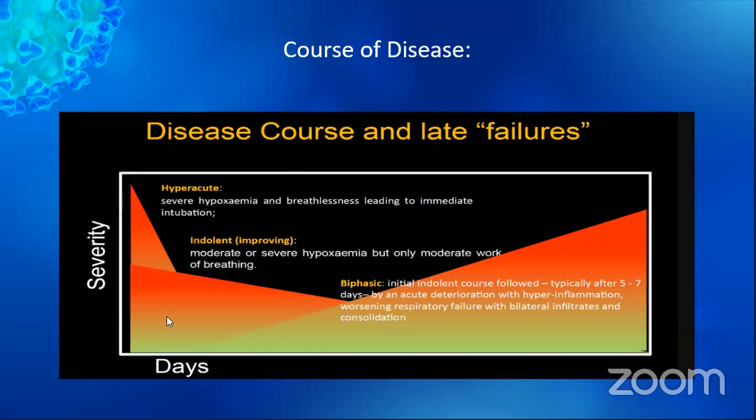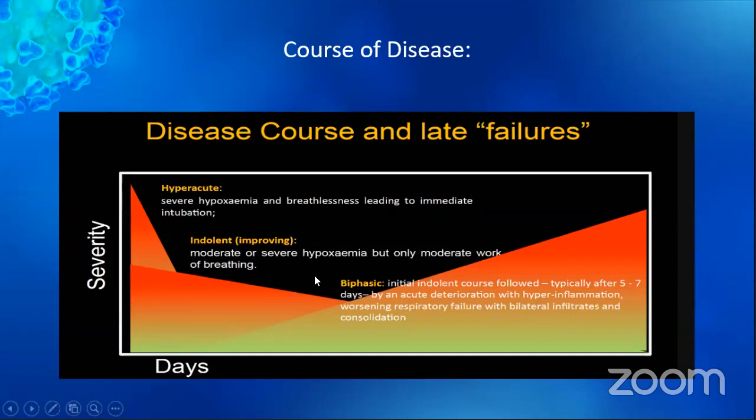Okay. According to Gattinoni, we can divide the disease course into hyperacute phase, indolent phase, and biphasic. In the hyperacute phase, severe hypoxemia will lead to acute breathlessness, and finally the patient will be intubated because of respiratory failure. The other type is the indolent phase, where the course is gradual, a little bit moderate, with moderate work of breathing, and the patient usually escapes intubation and mechanical ventilation.